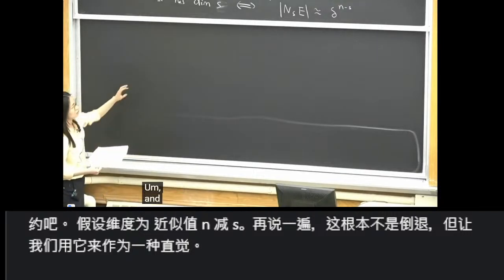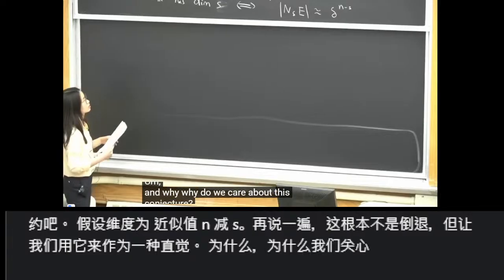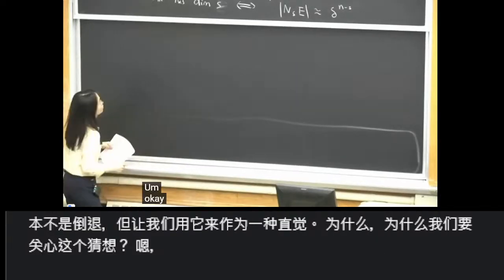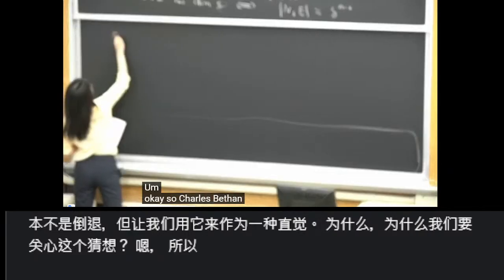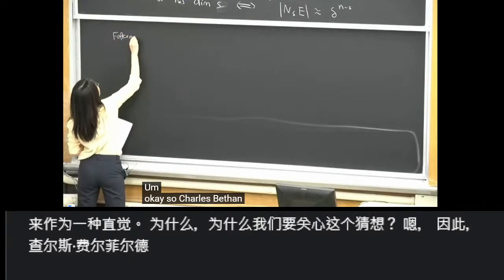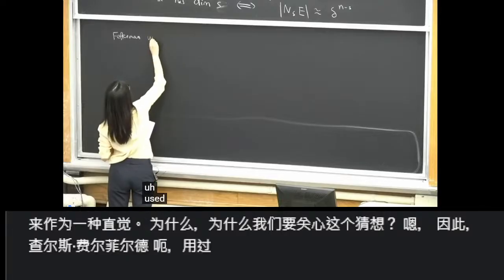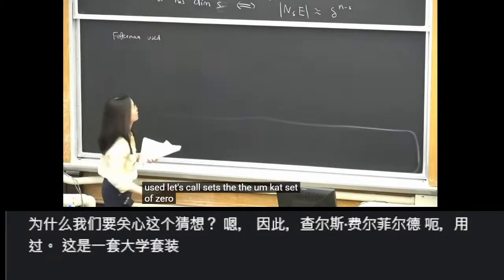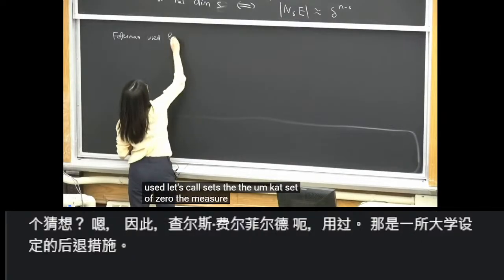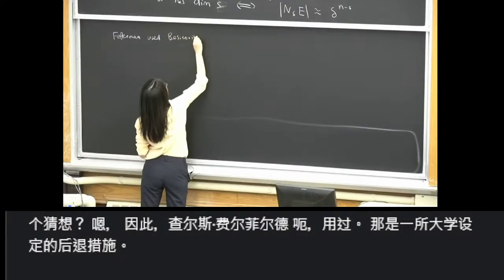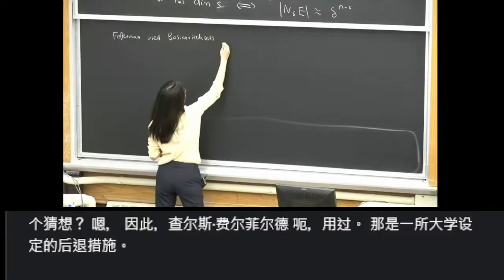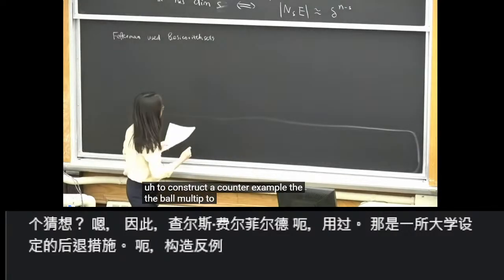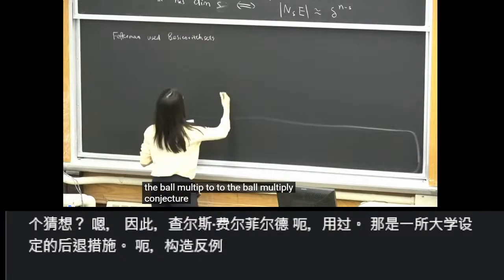And why do we care about this conjecture? So Charles Fefferman used the Kakeya set of zero Lebesgue measure to construct a counterexample to the ball multiplier conjecture.